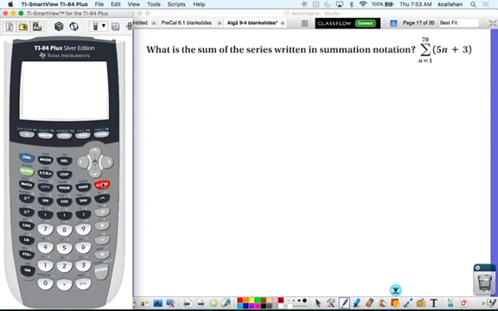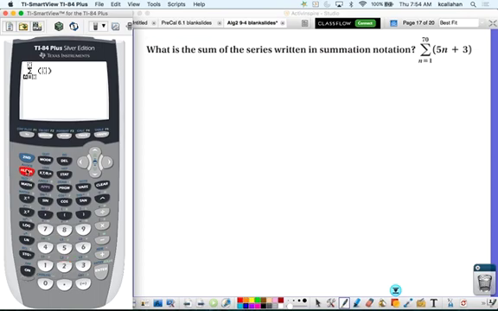Or another place is if you do alpha window, there's a menu of commonly used things like absolute value, summation, the log of any base. The 3 and the 4 are calculus things that we wouldn't use. But definitely number 2 is the sigma notation. So you can use X or you can use N, it doesn't matter. Looks like the N is on the log key.